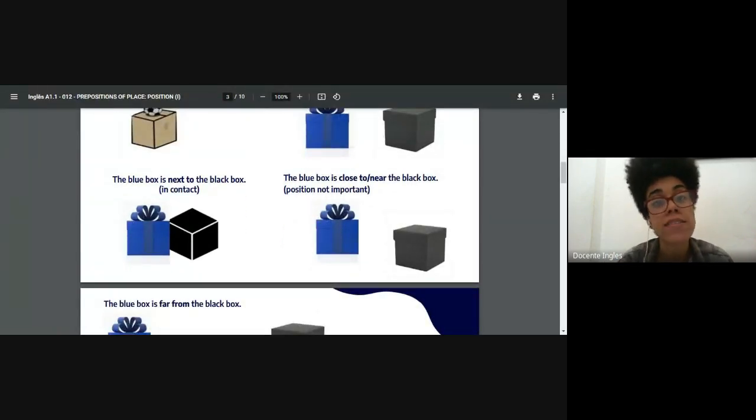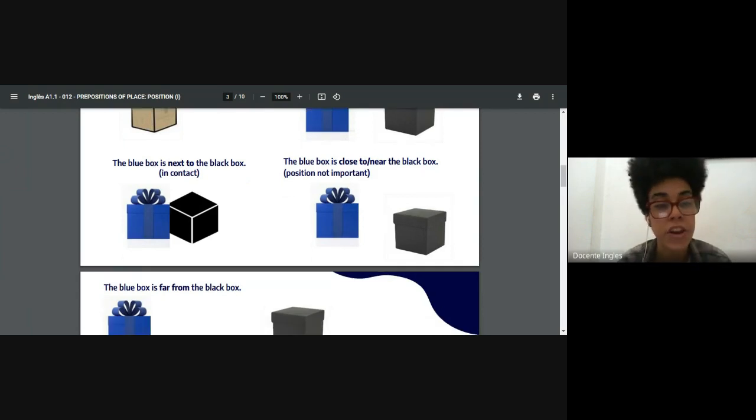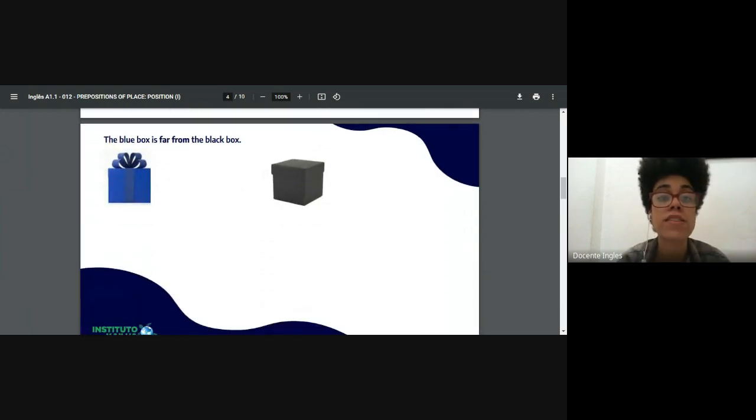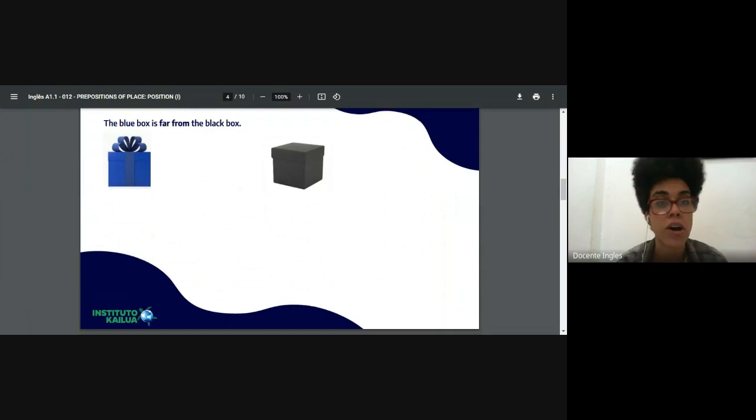The blue box is next to the black box. The preposition is next to. The blue box is close to or near the black box. So we have close to and near. The blue box is far from the black box, which means that our preposition is far from. Is that okay so far?